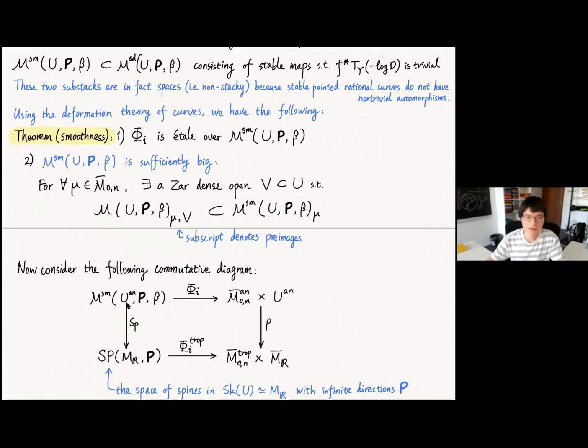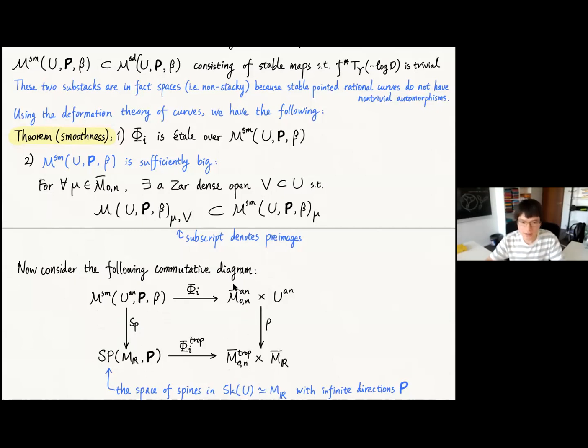The left vertical map, SP, takes the associated spine of stable maps inside our moduli space M smooth, and the right vertical map rho is the usual tropicalization map.